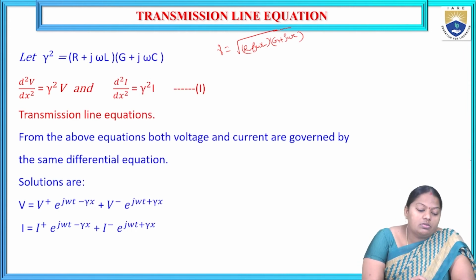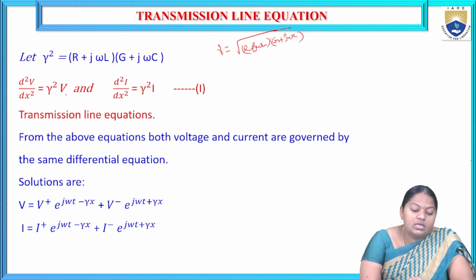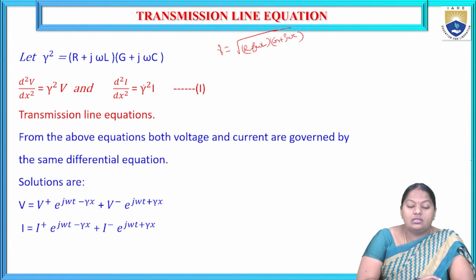See, d square v by dx square equal to gamma square v and d square I by dx square equal to gamma square I are known as transmission line equations of second order.